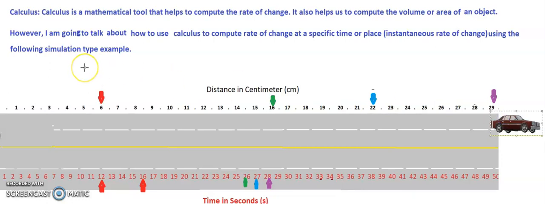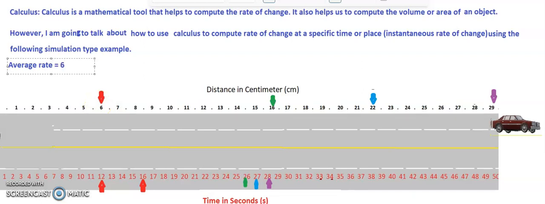Now we're gonna compute two things. The first one is gonna compute average rate of change. Then we're gonna compute derivative, which is a calculus concept. Let me do average. First, average rate of change from 0 to 1 second from 6 centimeter.